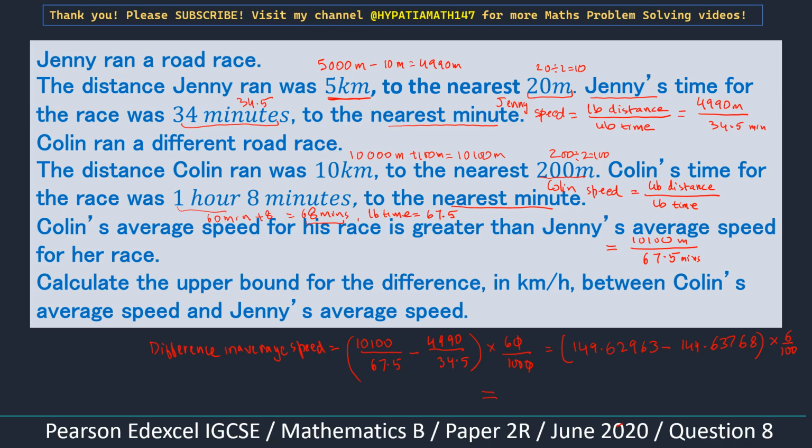So that I have to multiply with 0.06, and I get 0.299517, and that is the answer. This is in kilometers per hour. Okay, so that's the answer.